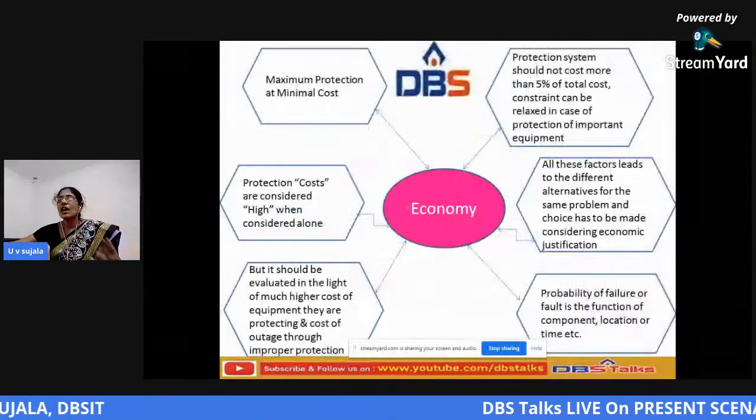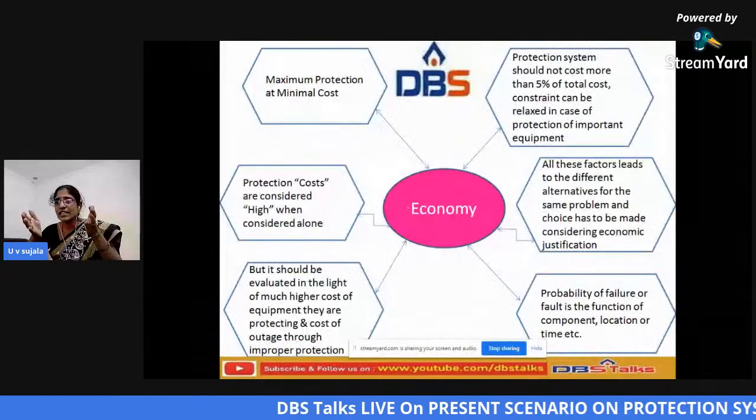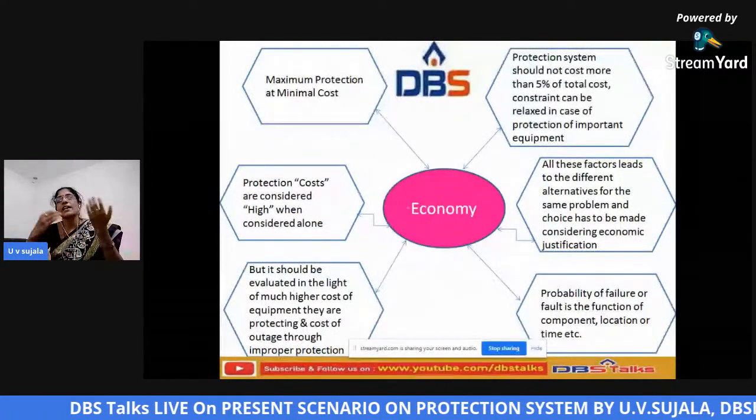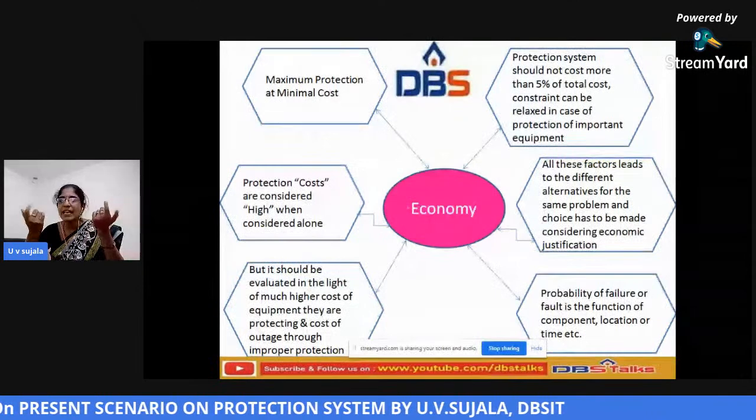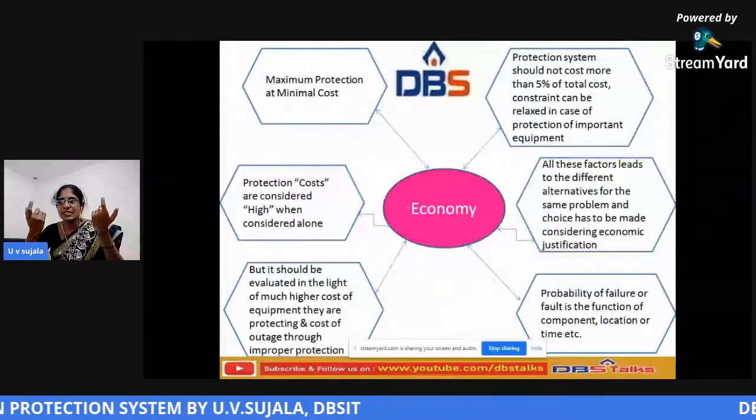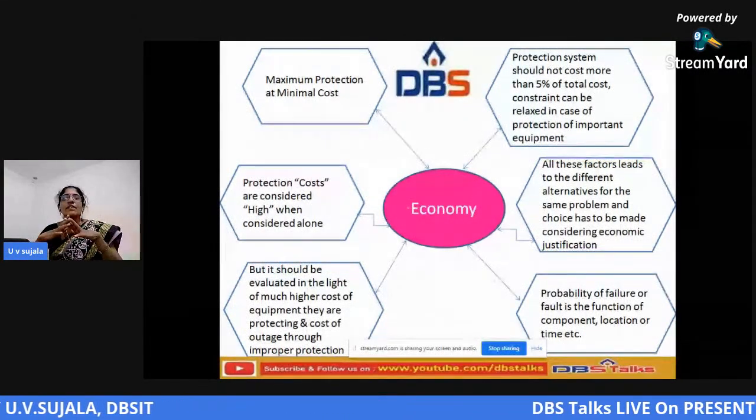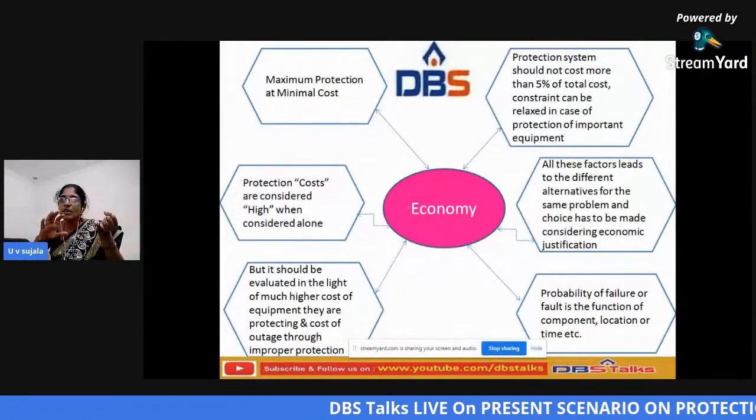So what are the essential qualities? There is reliability, selectivity, speed, economy, and simplicity. Reliability is dependability versus simplicity.